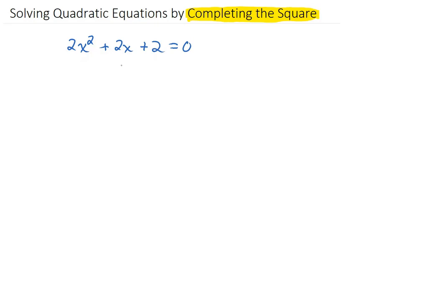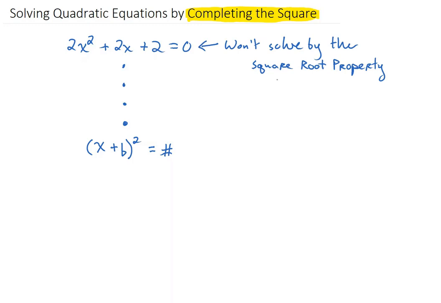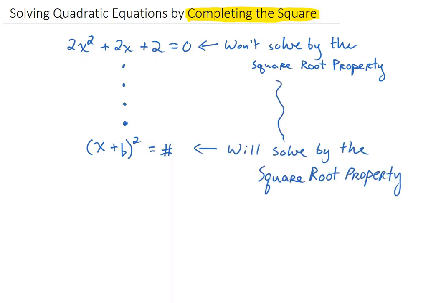So the idea of completing the square is to go through some math aerobics to reconfigure the equation so that it is set up with a perfect square equal to some number. In other words, we're going to take something that won't solve by the square root property and transform it into something that will solve by the square root property.